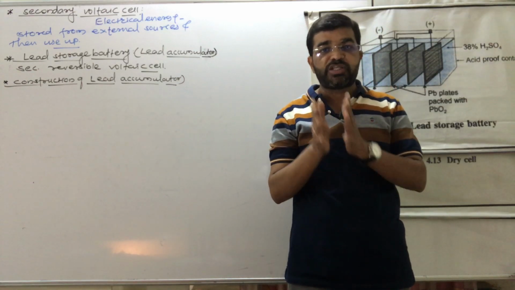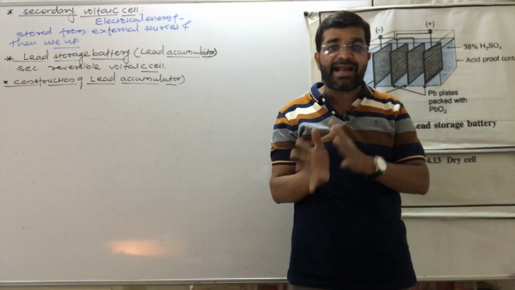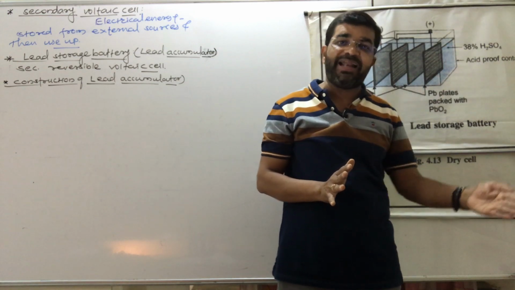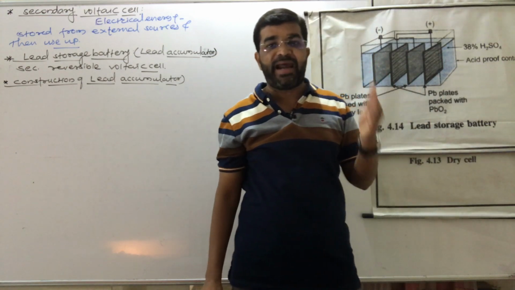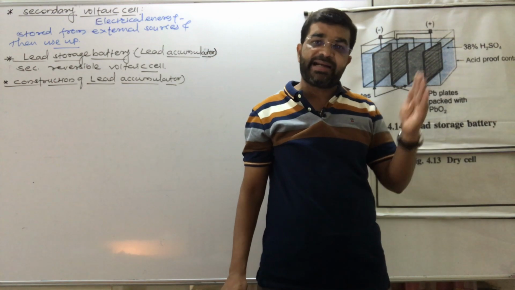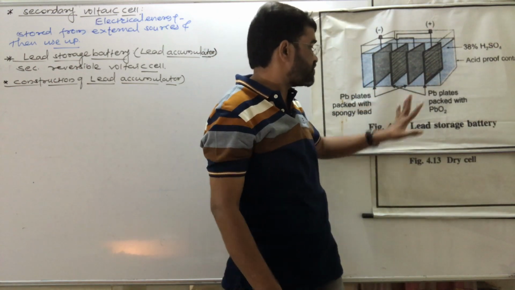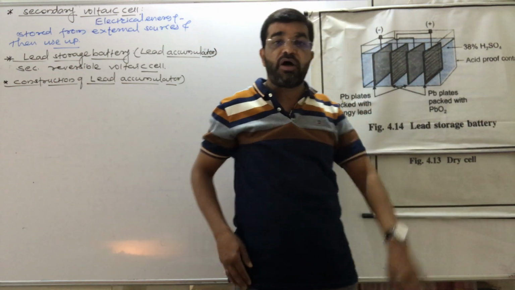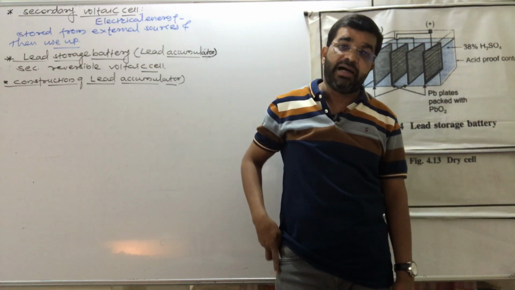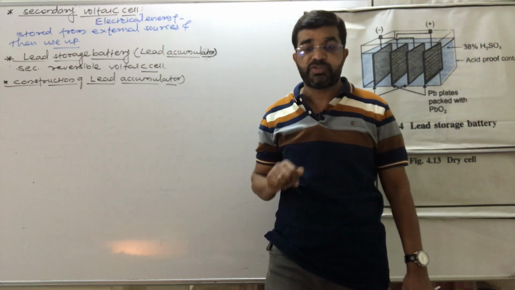Pb plate packed with spongy Pb acts as anode, and Pb plates packed with PbO2 act as cathode, alternately placed. This is the construction of the lead accumulator, the lead storage battery.